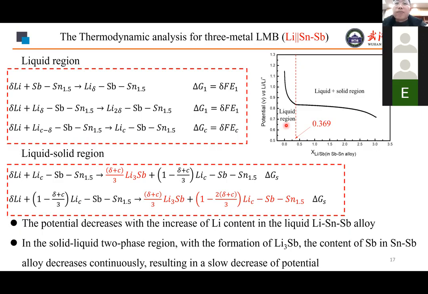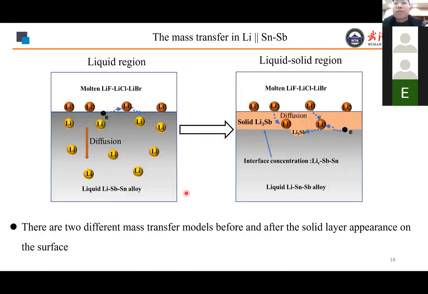The reason is that with the formation of lithium antimonide, the concentration of antimony in the liquid alloy is decreasing. The active material decreases in the positive electrode, which leads to the decreasing of the potential.